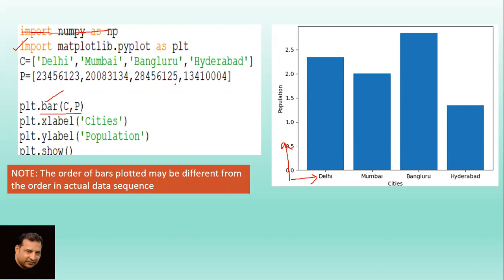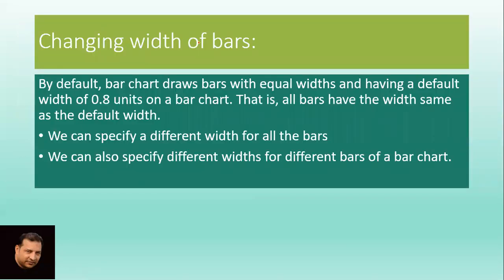But it is not compulsory. See this note: the order of bars plotted may be different from the order in the actual data sequence. Let us move to the next slide.